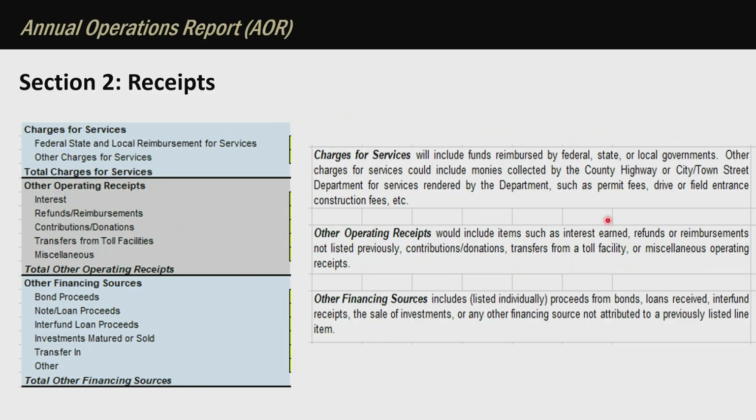So some of the other definitions that I copied and pasted out of the instructions tab, I won't go through these, and I'm not going to read these for you. You can pause the video and go back and reference this, or you can just go back to the instructions tab and read it for yourself there. But all these different categories are defined in that instructions tab, like charges for services, other operating receipts, and other financing sources.